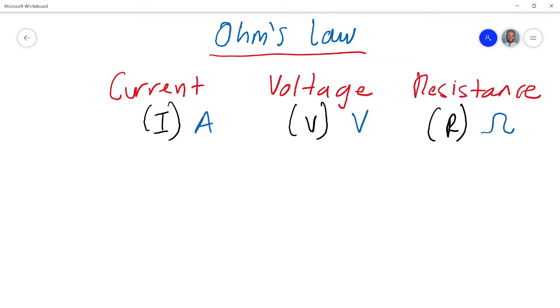So what does Ohm's law state? In order for you to define Ohm's law, you need to incorporate these three components mentioned here.